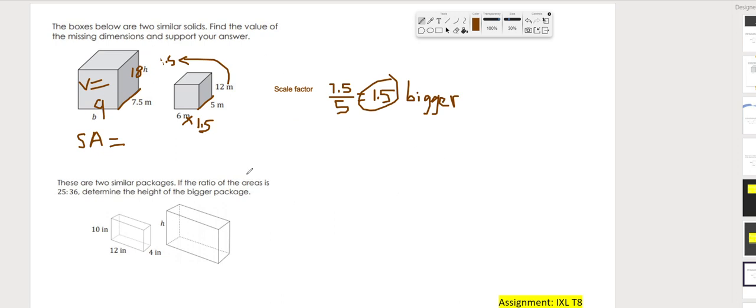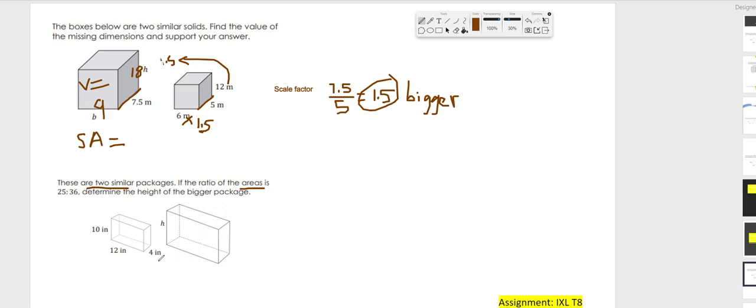Now, the next problem: they tell you these are two similar packages. If the ratio of the areas, so they're talking about areas now, is 25 to 36, determine the height of the bigger package.